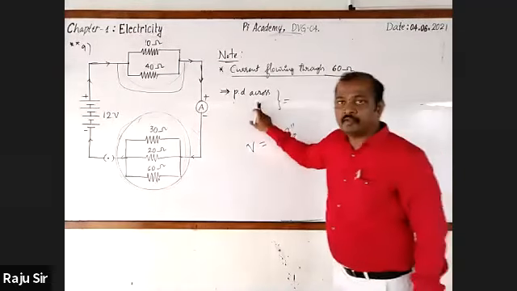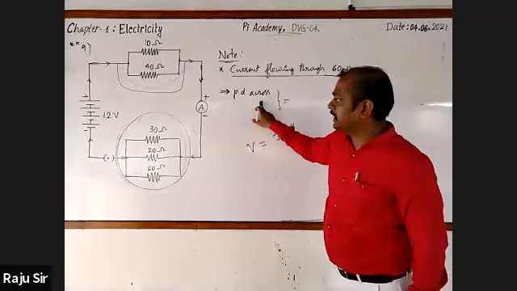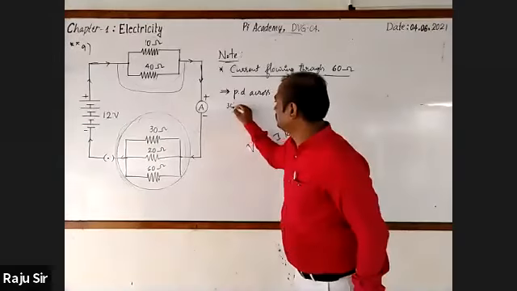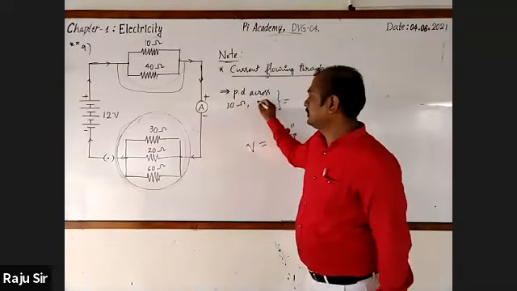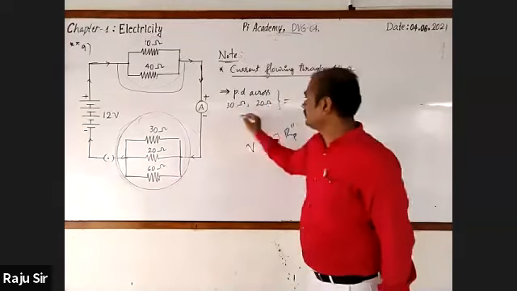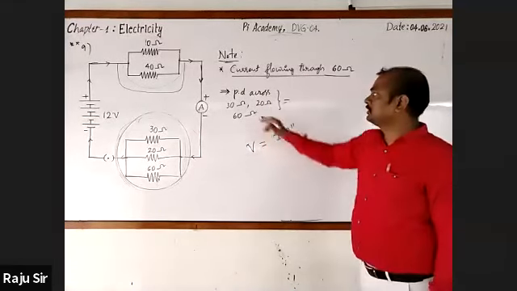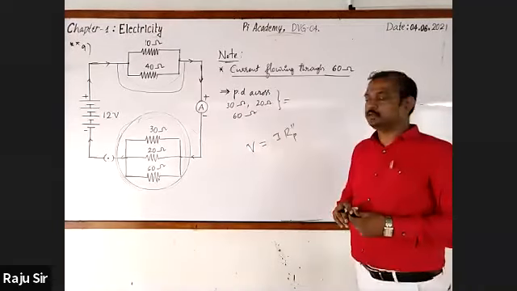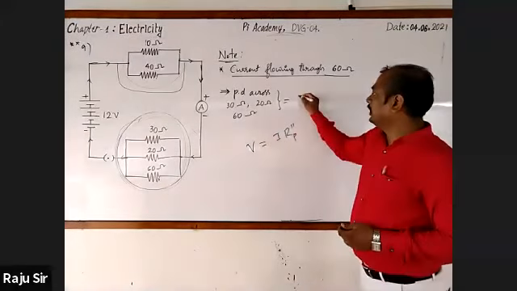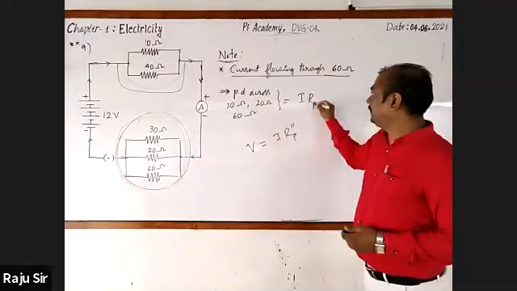Now, the potential difference across 30 ohm, 20 ohm, and 60 ohm is equal to I into RP double dash.